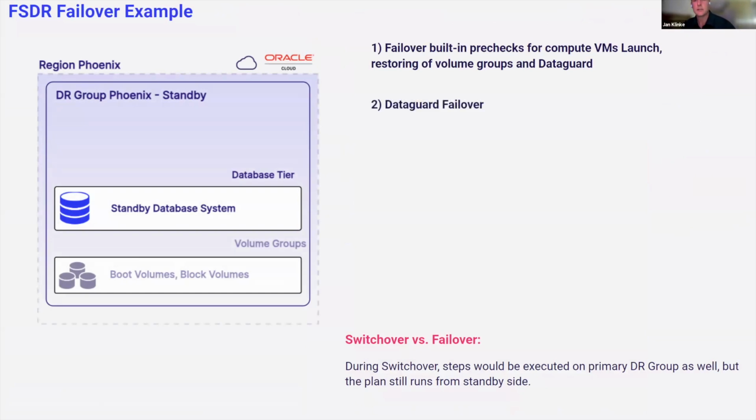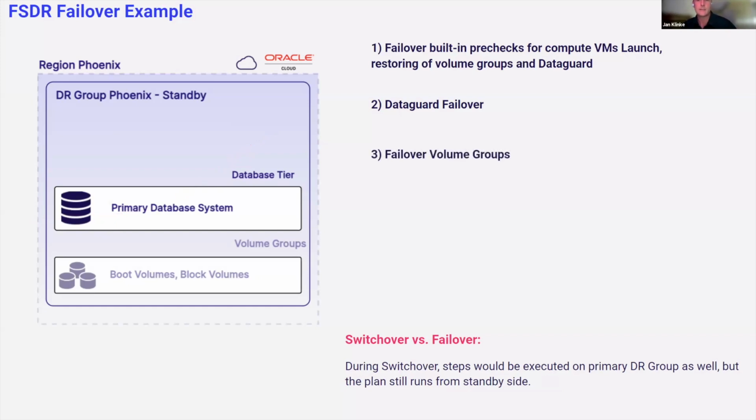The next step is actually the failover itself. In this case, FSDR will interface directly with DataGuard and will ask DataGuard to perform the failover, which DataGuard will do, and you will have your activated standby database on the standby region.